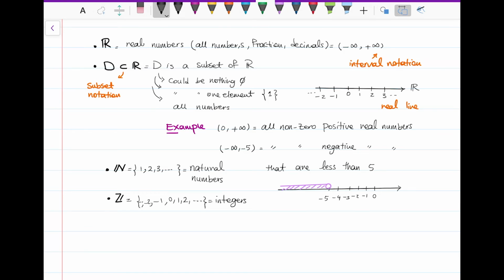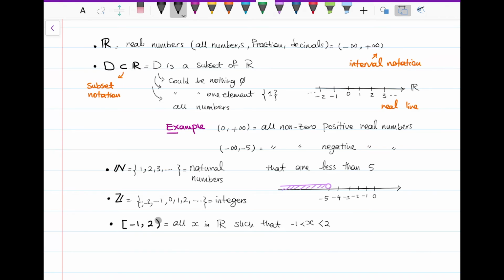One notation to be clarified would be this notation. For example, if we have the interval negative 1 and then 2, this is all x in R, all the real numbers, such that x is between negative 1 and 2.